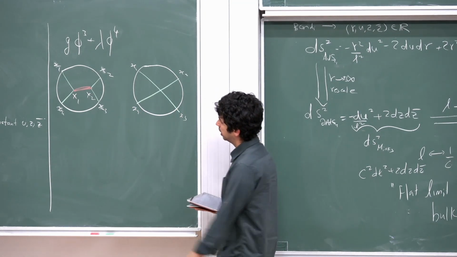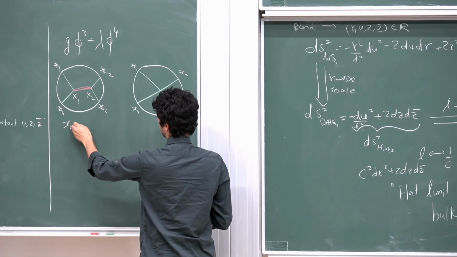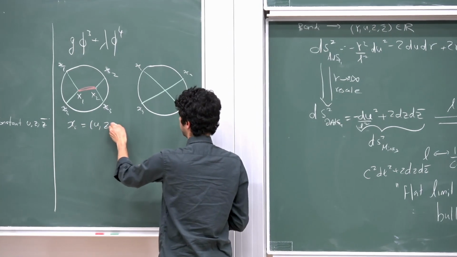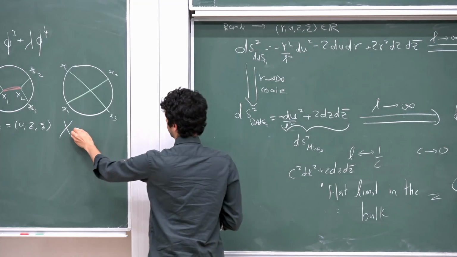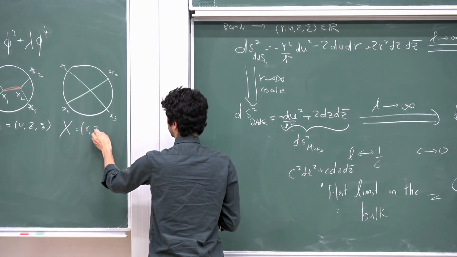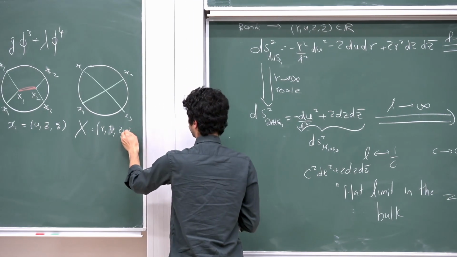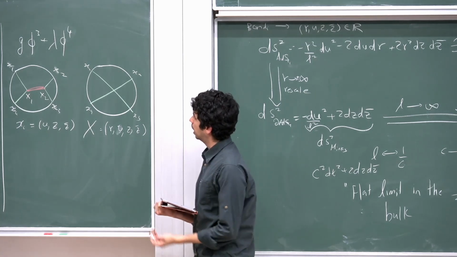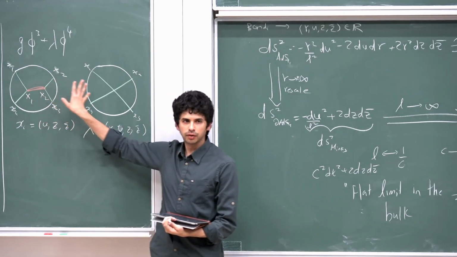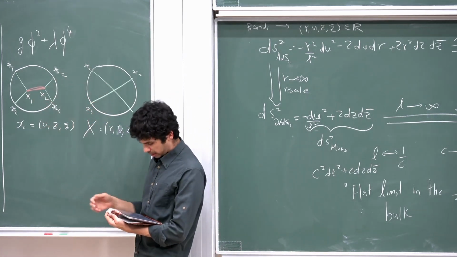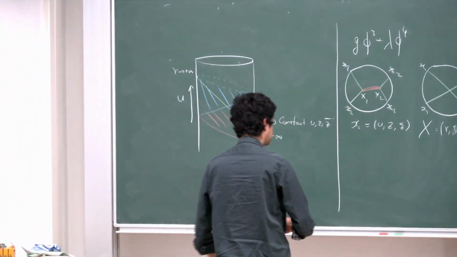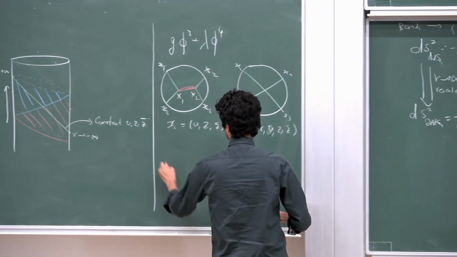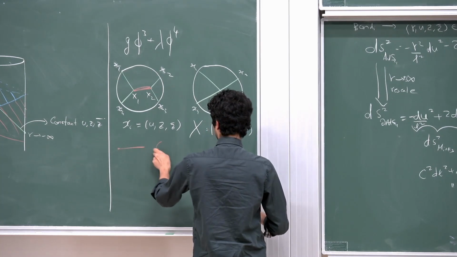The little xi are three-dimensional, and so they just have u, z, z bar. But the big xi are coordinates in the bulk, so they have four coordinates. And there are two kinds of Feynman rules that go into here. The red lines are bulk propagators, so they connect two points in the bulk.